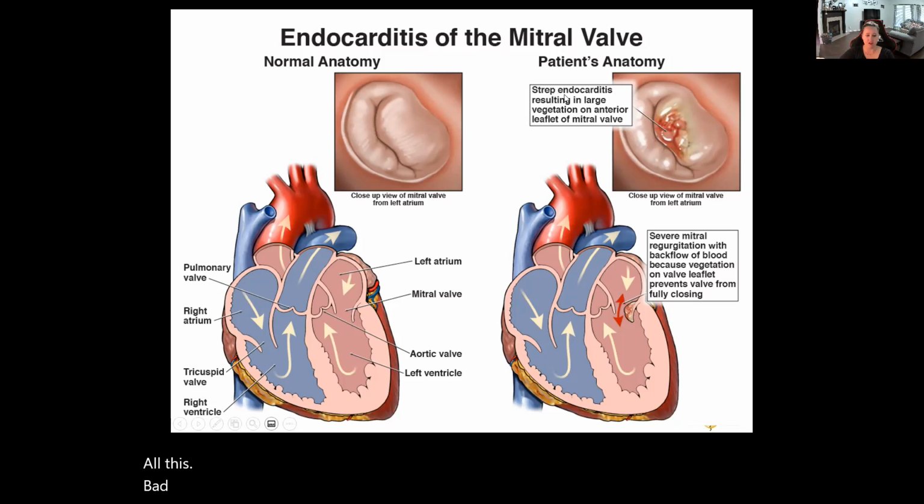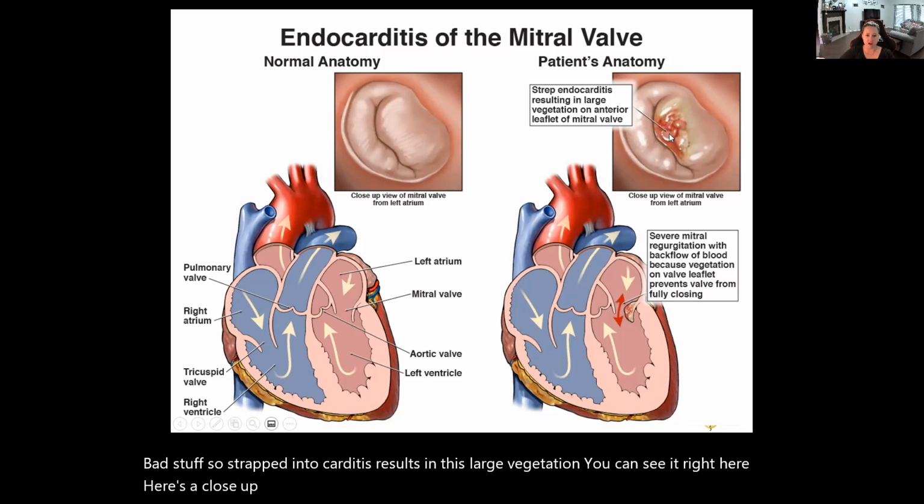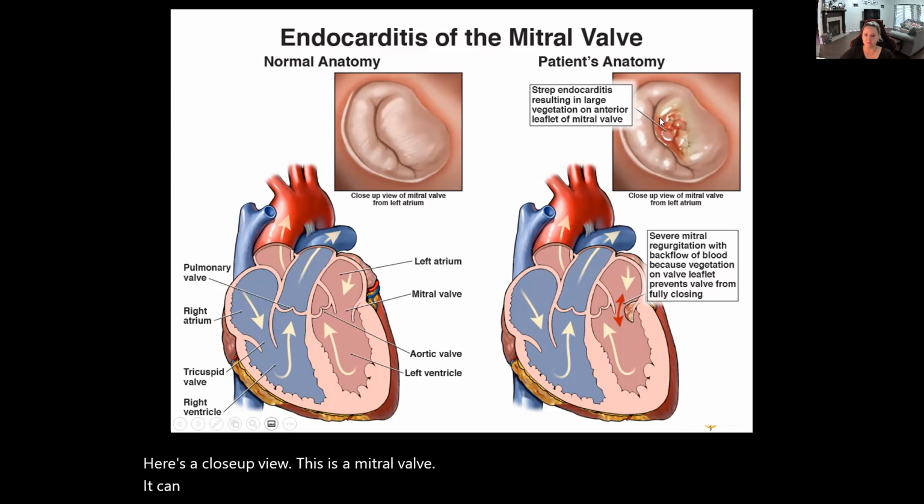So strep endocarditis results in this large vegetation. You can see it right here. Here's a close-up view. This is the mitral valve. And then it can obviously cause lots of problems, right?